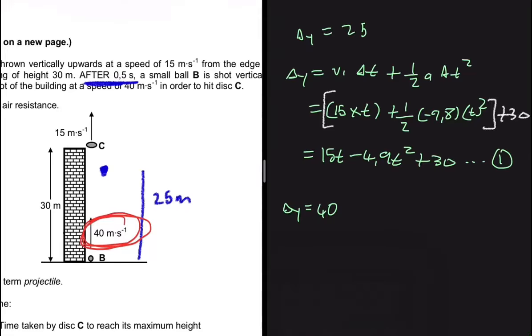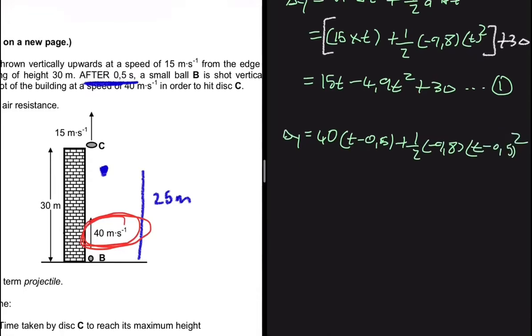So the time for ball B, we're actually going to put T minus 0.5 because it was thrown 0.5 seconds later, right? And then we're going to have plus a half our acceleration, which is -9.8, and then T minus 0.5 for ball B.